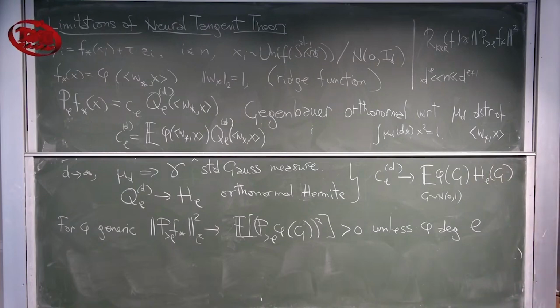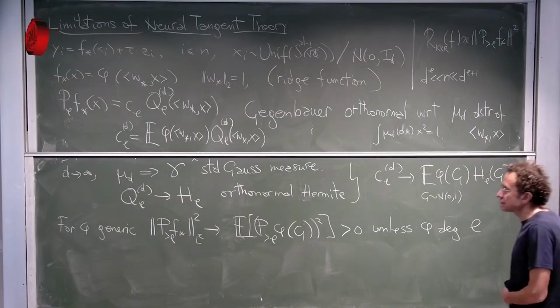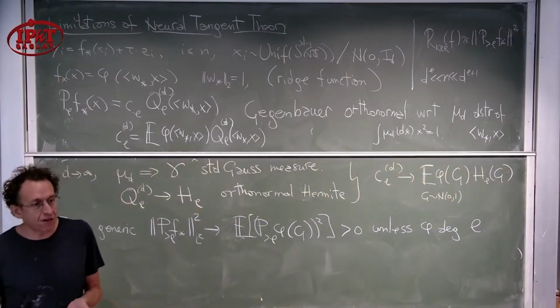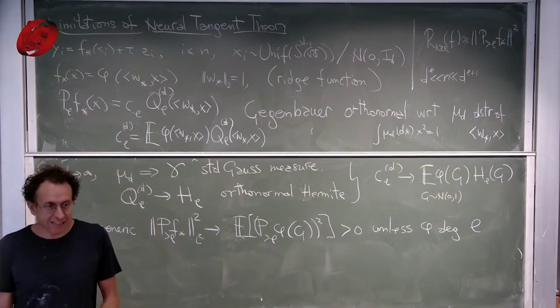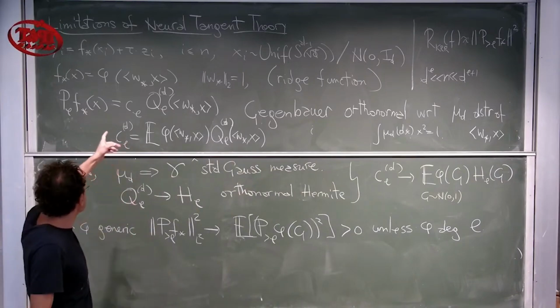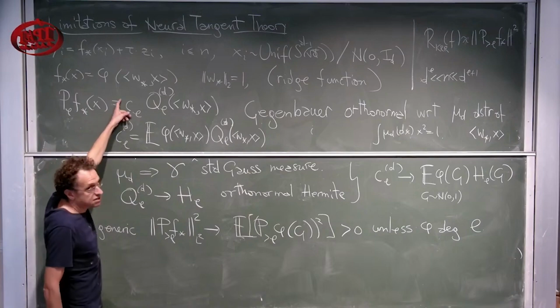Okay, so this is a bit disappointing. It means that the risk of my kernel regression, and as a consequence of this, my neural tangent model, even if I take width to infinity, fails to converge to 0 for this simple function.